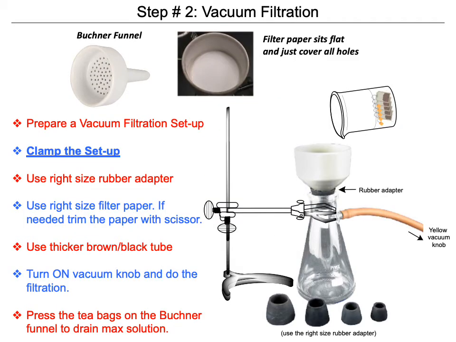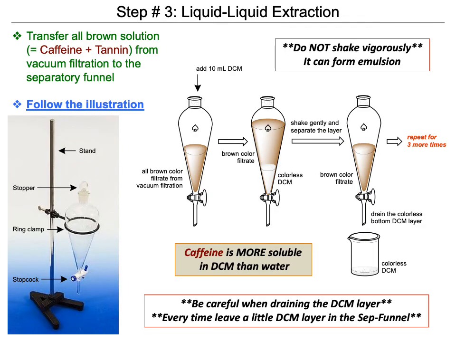After brewing, we are going to separate the tea from the tea bags through vacuum filtration, which you are already familiar with. After that, we are going to separate caffeine from the tea solution, which also contains tannin.